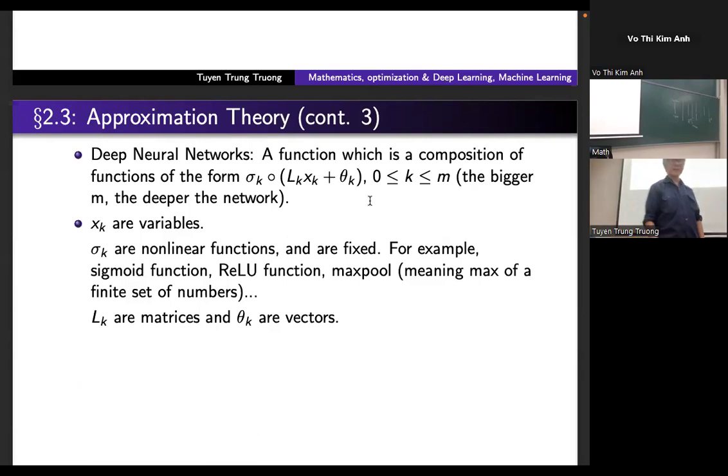So x_k is also x here, then if you go here it's x_1, and go here x_2 and so on. x_k is the variable on the k-th layer. The sigma_k are nonlinear functions from real to real, which you already know. L_k are matrices and theta_k are vectors.